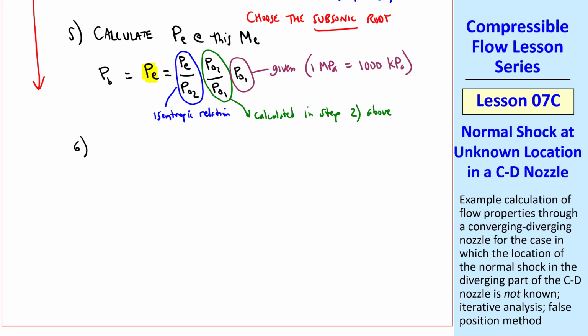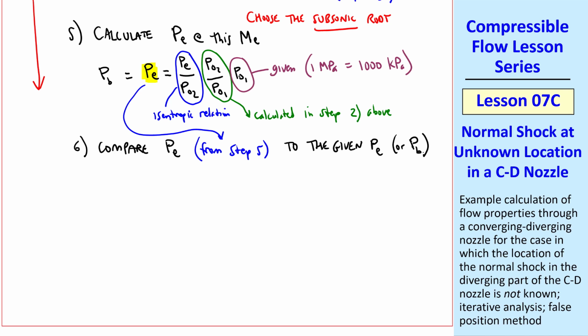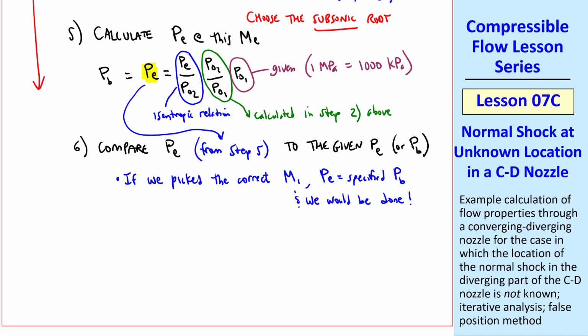What's different now is we have to add step 6, where we compare PE from step 5 to the given PE or PB from the problem statement. If we were really lucky and picked the correct M1 in step 1, PE would equal the specified PB and we would be done. But nobody that I know is ever that lucky.